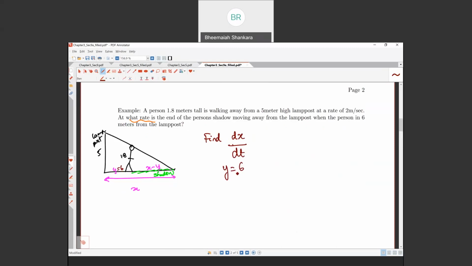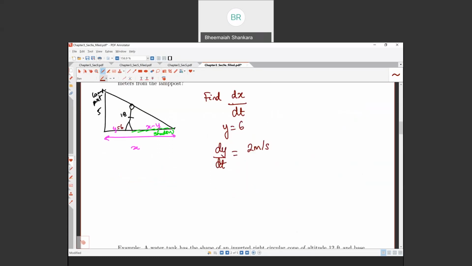You're also given the rate at which the person is walking away from the lamppost, which is dy over dt. It's given for us in the problem, and this is 2 meters per second. So let's use the concept of similar triangles to do this problem.